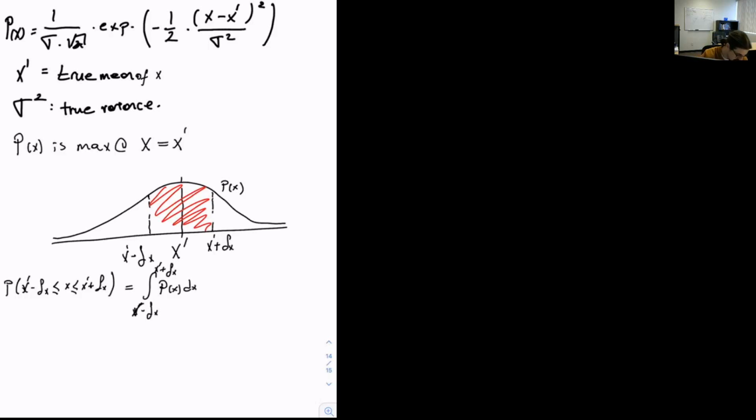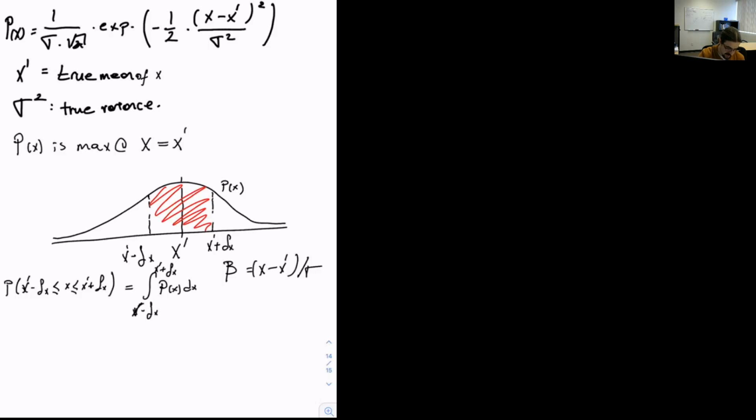To solve this integral, I'm not going to go over the entire solution, but if you have any questions about it, we can do it later on. So let's define a couple of things. Beta is going to be x minus x naught divided by sigma.